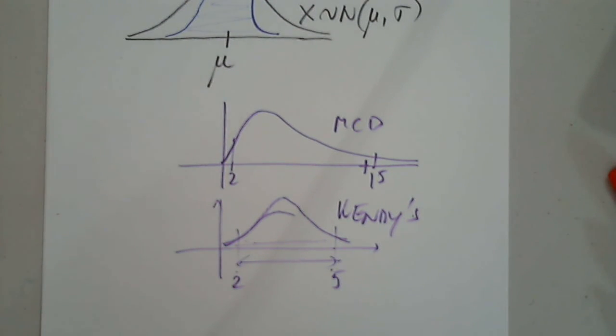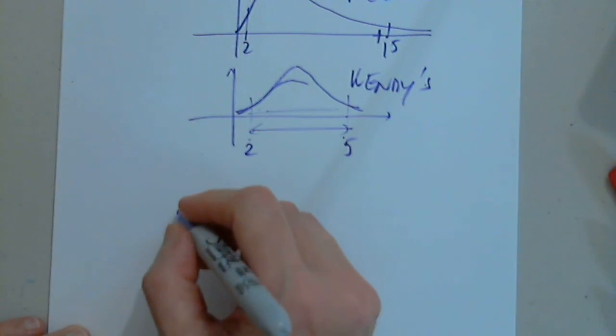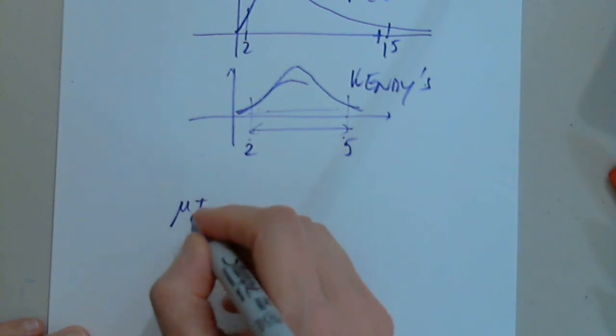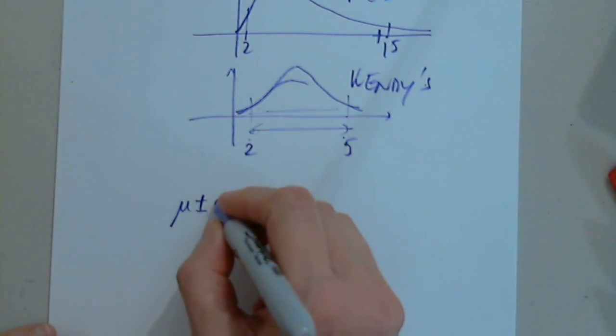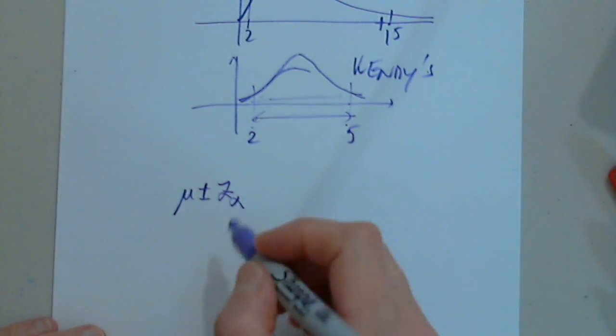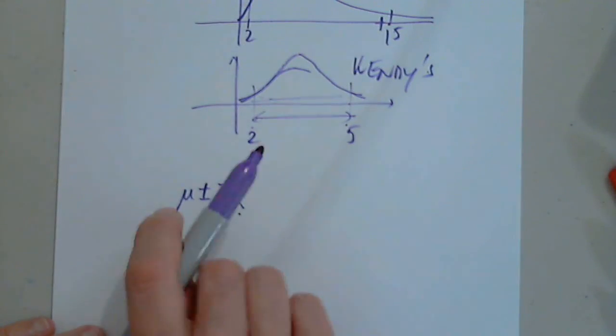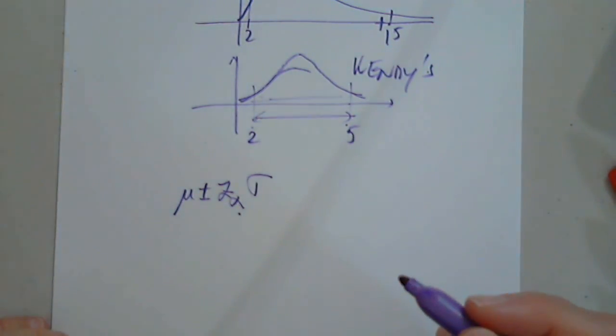However, let me explain one thing and I'll stop. So we're going to talk about mu plus or minus, or it depends, z alpha that we're talking about. Now I have to be careful, because z alpha in this book is considered to the right, but it should be to the left, times sigma.